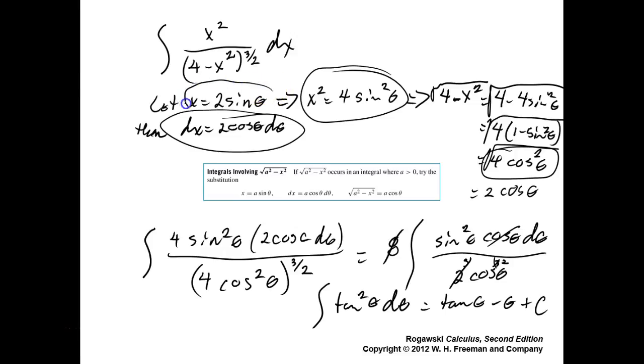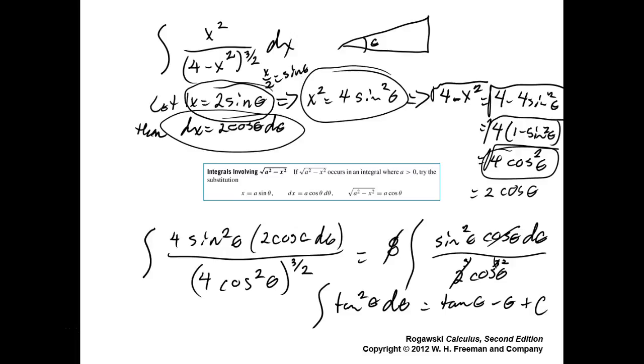Let's go back to this and draw our little triangle. What's that triangle? Do a horizontal, a vertical, and then do a hypotenuse, right? Pick out a theta. I like that one. There's a theta. This tells me that if I divide both sides by 2, x over 2 is equal to sine theta, right? Right here. We did x equal 2 sine theta. So if you divide by 2, that says x over 2 is equal to sine theta, right?